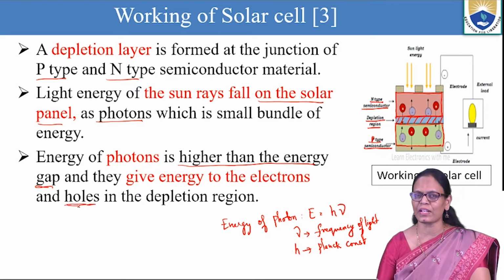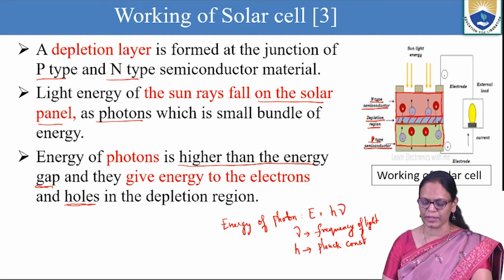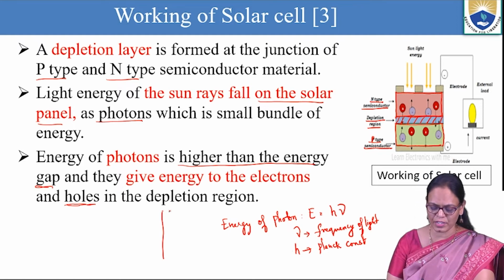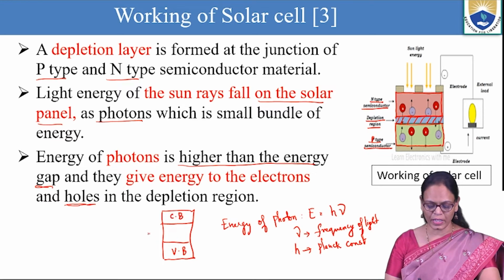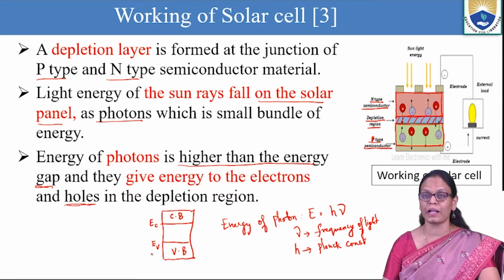Whenever we see the energy band diagram, if I draw it here, this is the valence band and this is the conduction band. This is the lowest level in the conduction band and this is the topmost level in the valence band.